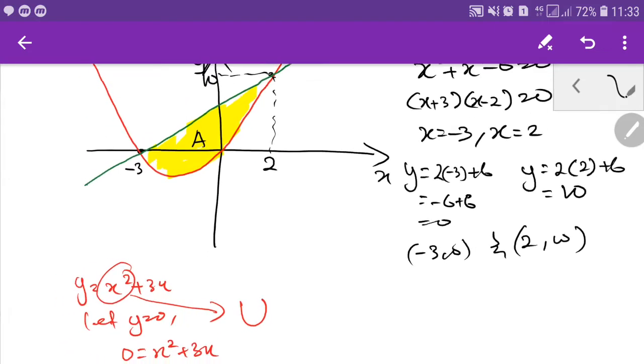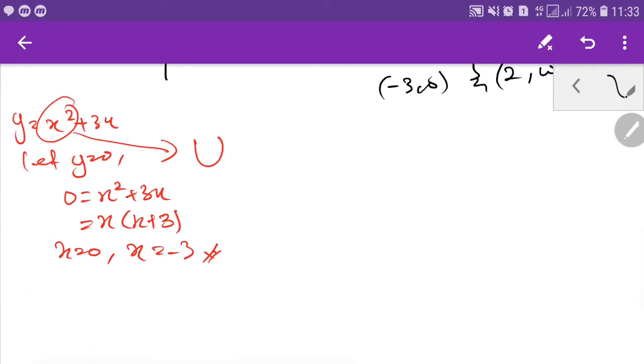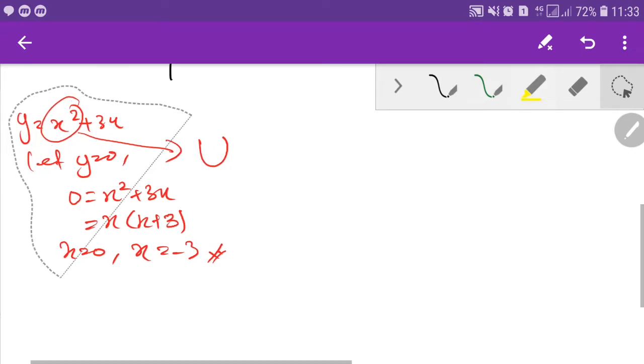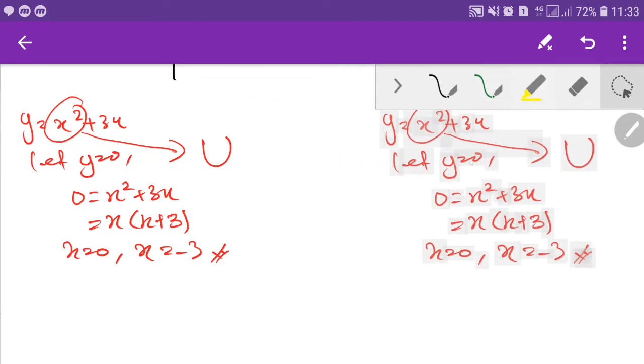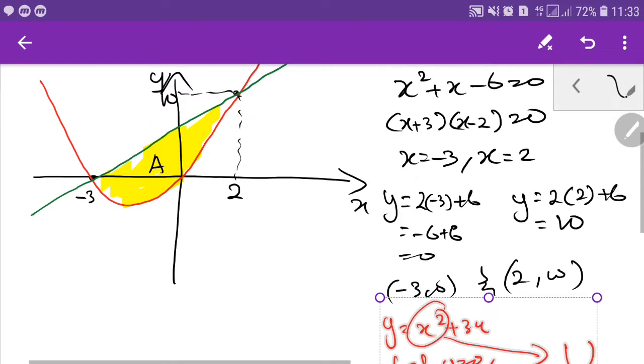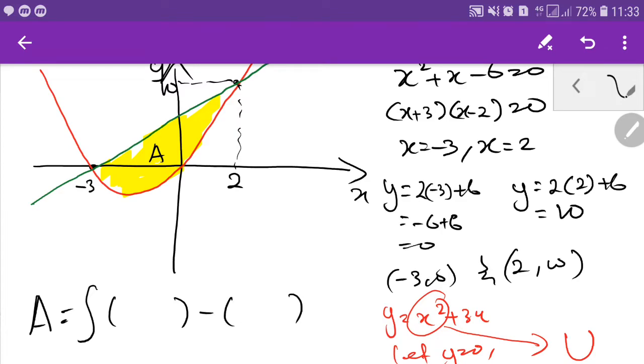From the keyword I shared with you in the lecture on how to find the area, from the sketch, the area is something minus something.